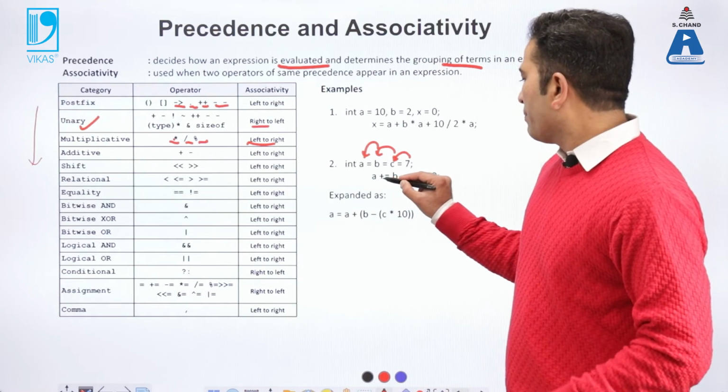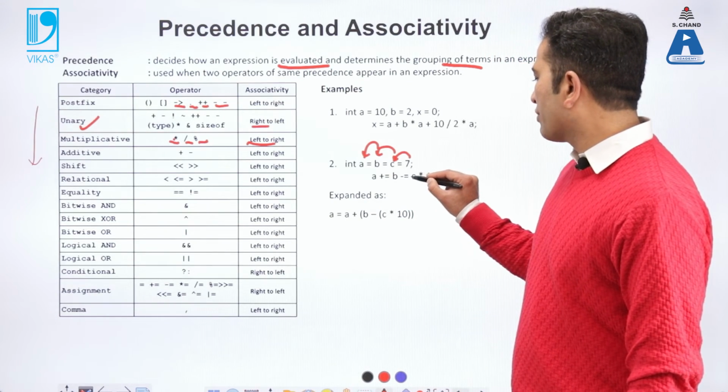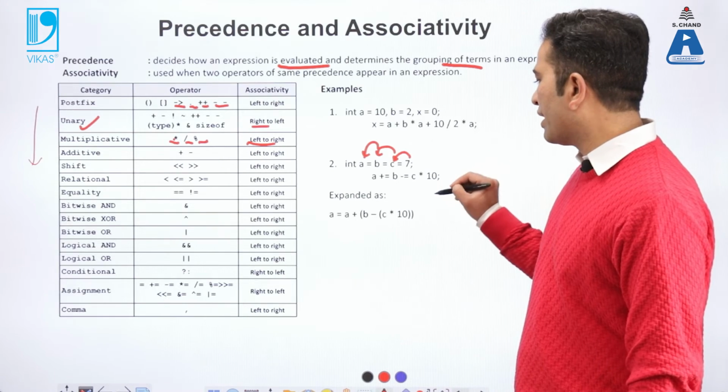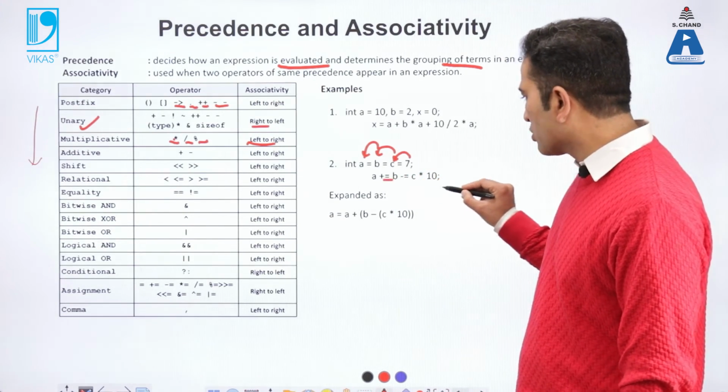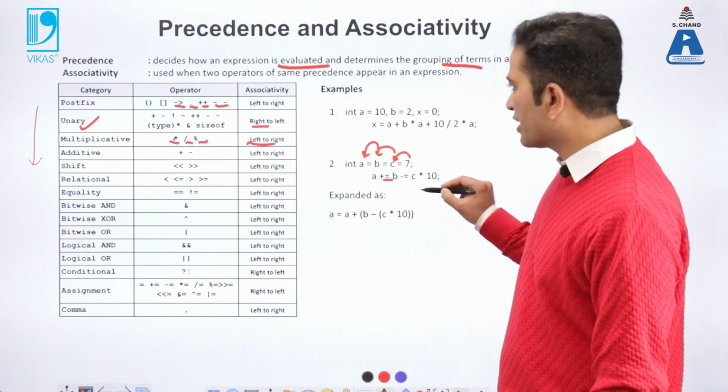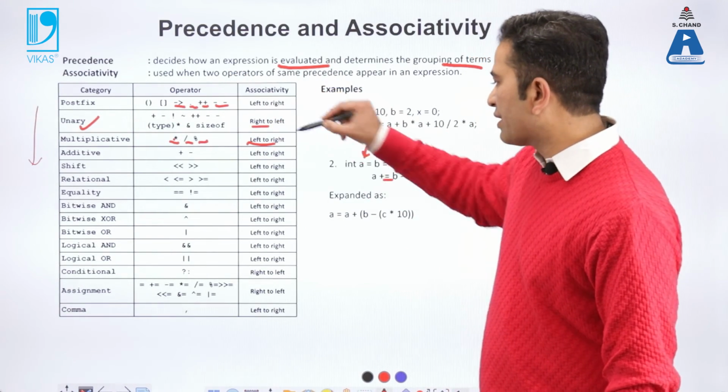Now a plus equal to b minus equal to c multiply by 10. How to solve this? We need to expand this whole expression using the operator and associativity rule.